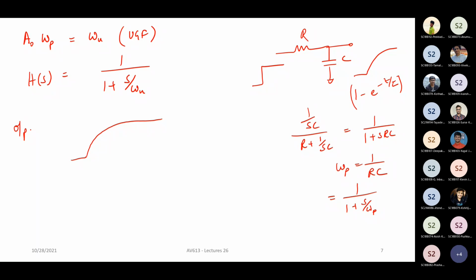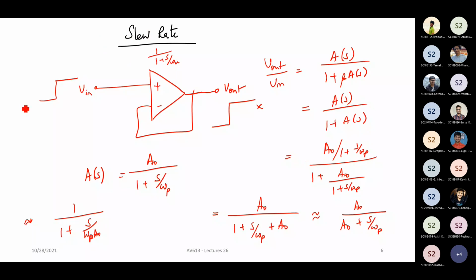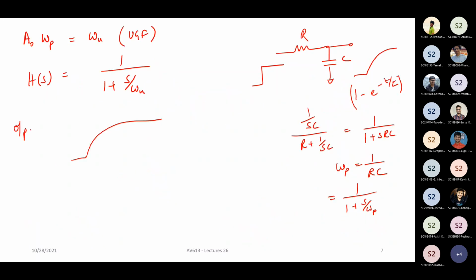Let's say the input goes from 0 to some value k. The output will go from 0 to this value k, and can be written as k times 1 minus e power minus t by tau. What is the tau here? Here the tau is nothing but 1 by omega u.